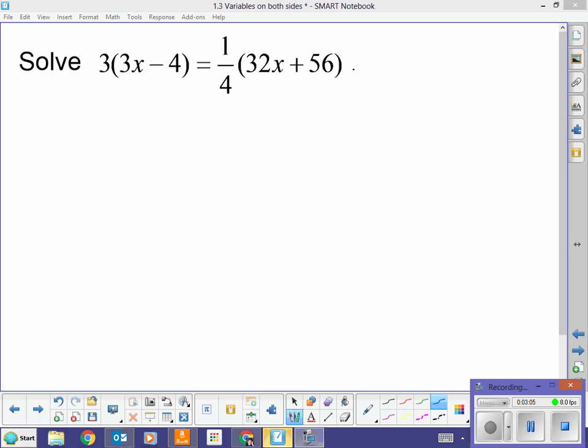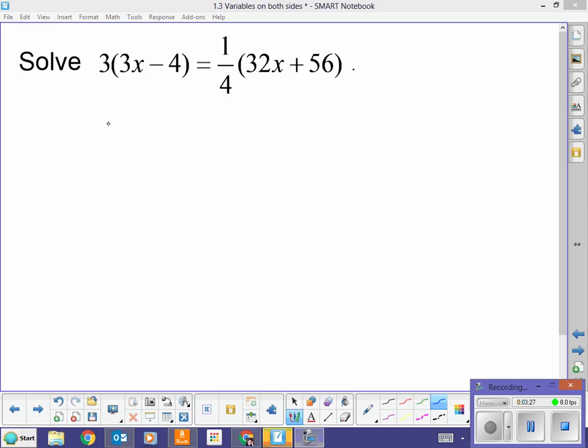A little more complicated one here, because the first thing we have to use is the distributive property to multiply through these parentheses here and get rid of the parentheses. We cannot apply addition property, subtraction property to both sides here if we have parentheses. So the first thing I'm going to do is distribute.